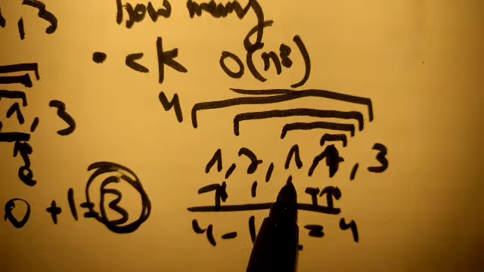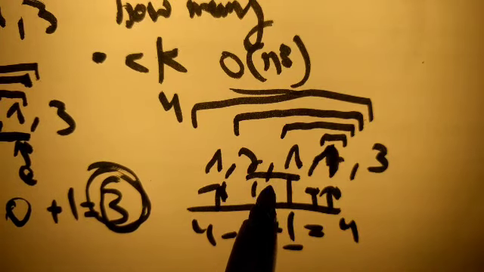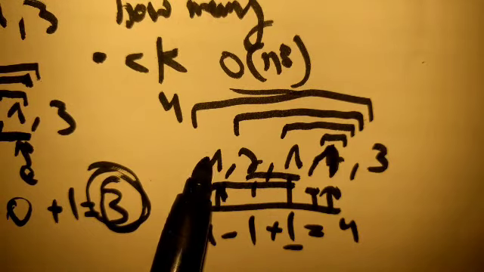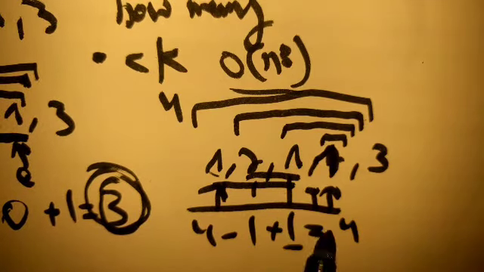Now you might ask, what about these 2 guys? They are in the middle, but you included them. You included them when you had the start index at index 0 and the end index at index 2. So you already included them.